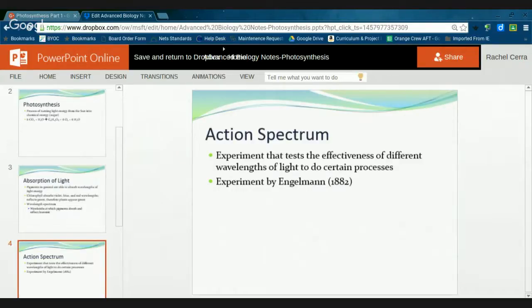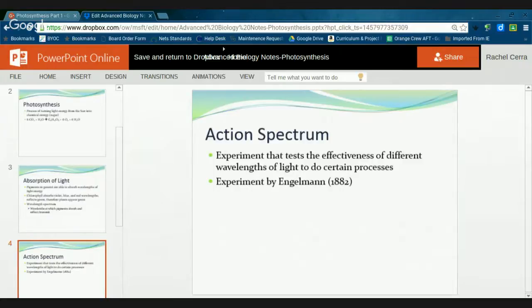It should be, sorry, I'm reading my three different pages here. Your action spectrum, this is an experiment that tests the effectiveness of different wavelengths of light to do certain processes. So what wavelengths are required for certain chemical reactions to occur.